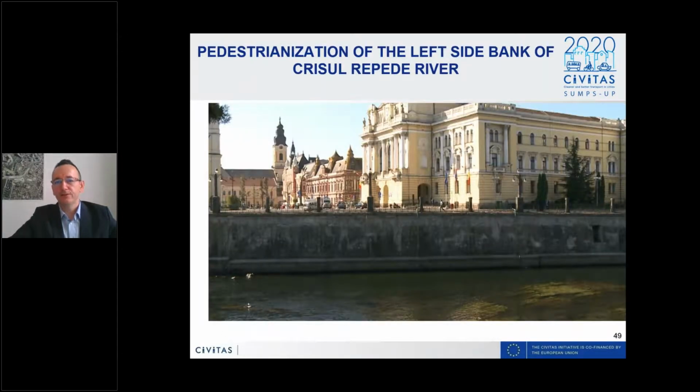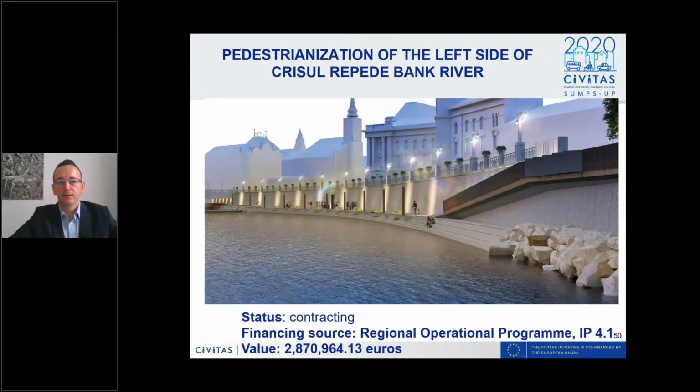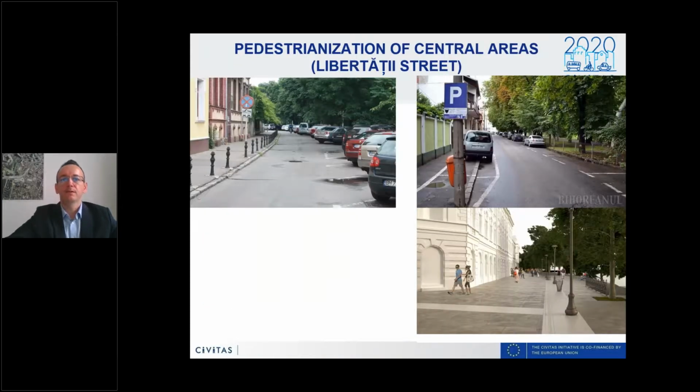The pedestrianization of the left side bank of Crișu Repede River. The same thing with another important area near the Crișu Repede river bank.